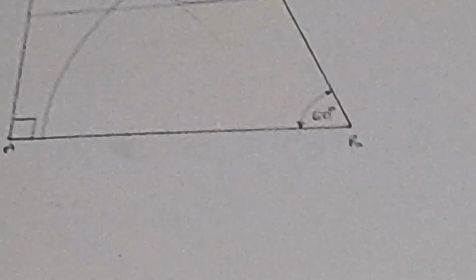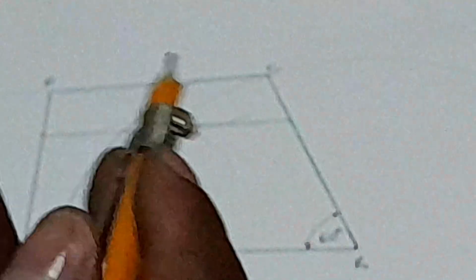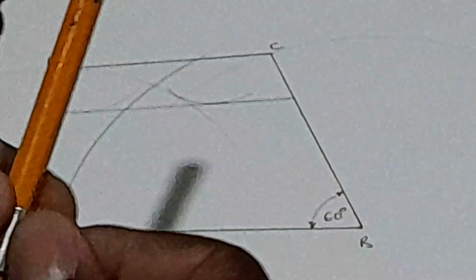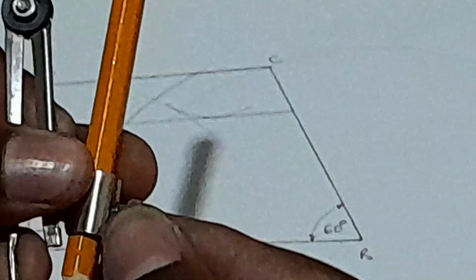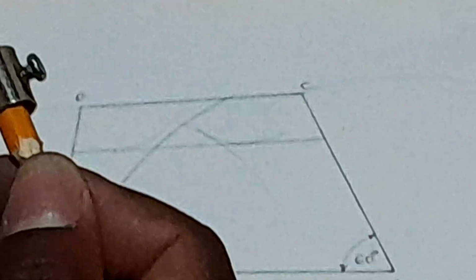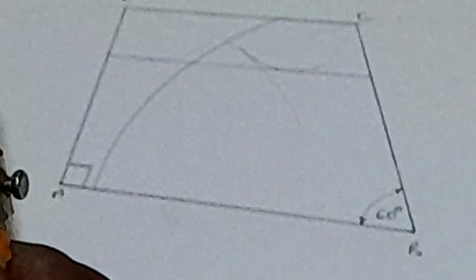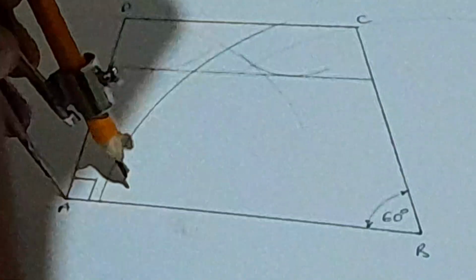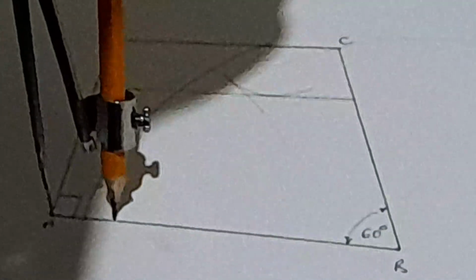So we go to angle A, and then we open our pair of compasses to any dimension, but make sure that the pencil and the sharp part are actually even. Open it to any dimension. Plant it here, then strike an arc.